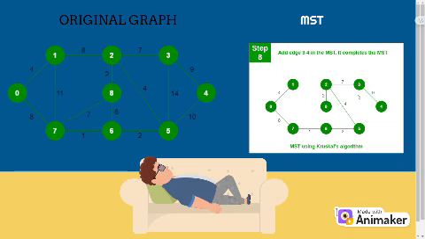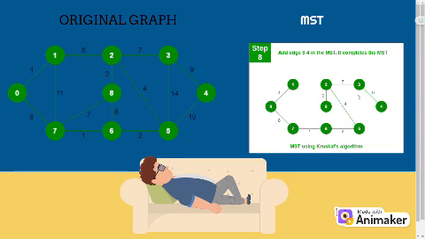Let's have a look into the time complexity and the auxiliary space of the algorithm. Time complexity equals order of E log E, or order of E log V. Sorting of edges takes order of E log E time. After sorting, we iterate through all edges and apply the find-union algorithm.